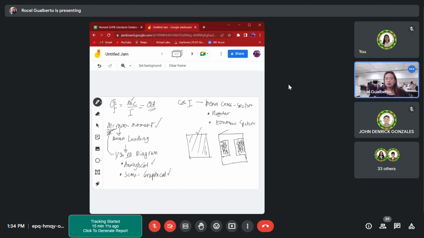We all know na meron po siyang three-dimensional, so length times width times height. For the cross-section, you have the letter I. Tapos, ito po yung entire length ng structure natin.